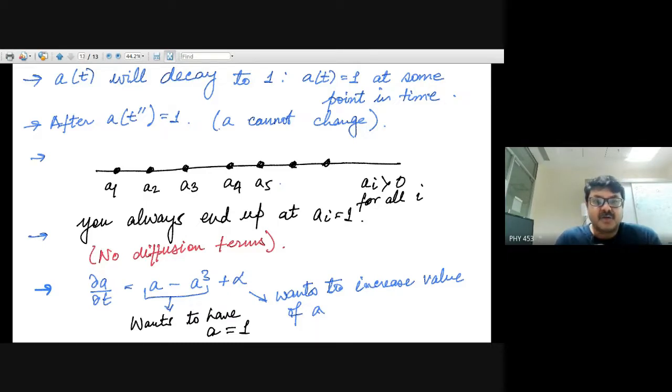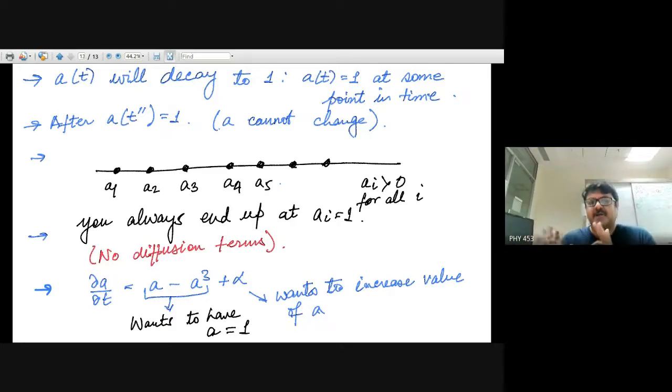But now suppose del A del T was A minus A cube plus alpha. You see, I'm slowly adding complications, where alpha is positive. Now, if A is slightly bigger than 1, this term is going to dominate over A. But A plus alpha equal to A cube, assuming alpha is a small positive number.